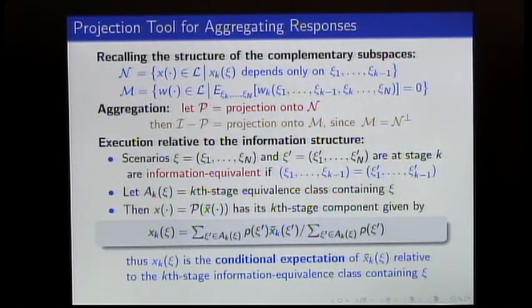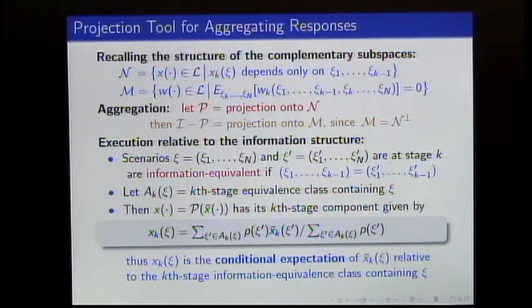Here's a formula. x_k of c is a certain ratio of two sums. And the sum at the bottom, in the denominator, you can see, is simply the probability associated with that equivalence class. And then I'm taking this sum here, so I'm dividing. It's essentially just giving the conditional expectation over that equivalence class, and this is this aggregation operator, and then I get this decision x_k of c.